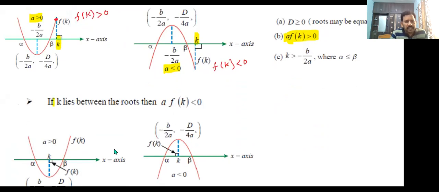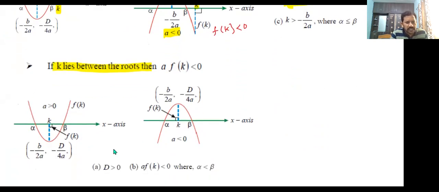So I am going to another condition. K lies between the roots. See here, this is the k, a greater than 0. This is k, a less than 0. If a is greater than 0, then what is f of k here? F of k is less than 0. Here f of k is greater than 0.